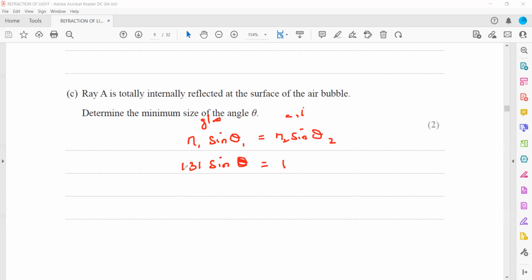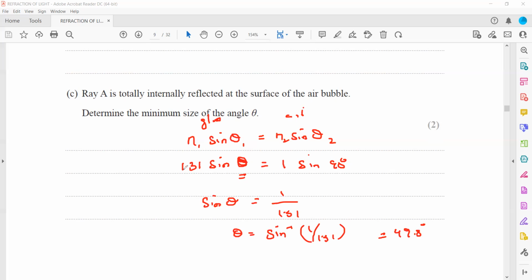The refractive index of air is 1, and the angle of refraction will be 90, as we want the minimum value for this. So we simplify: sine theta equals sine 90, which is 1, so 1 divided by 1.31, and then theta equals sine inverse of 1 divided by 1.31. When we take the sine inverse, it gives us 49.8 degrees. That is the angle of incidence for which the angle of refraction is 90.